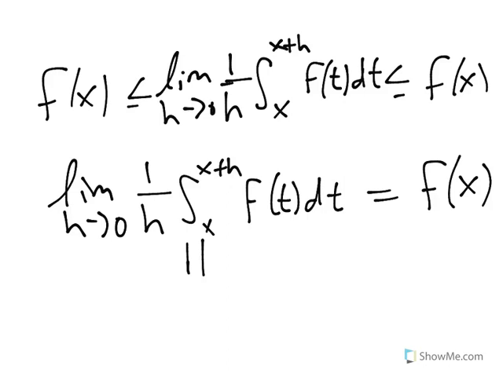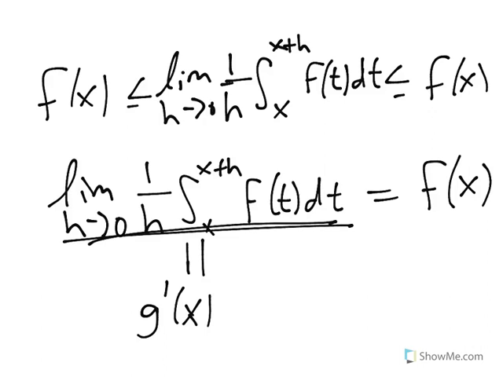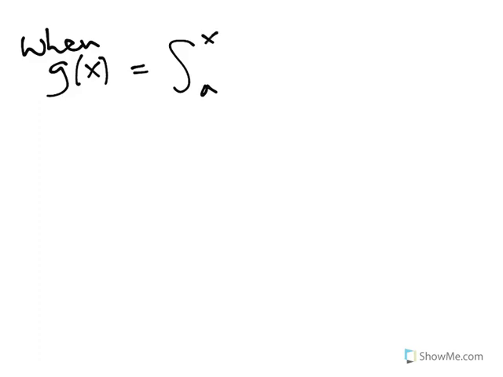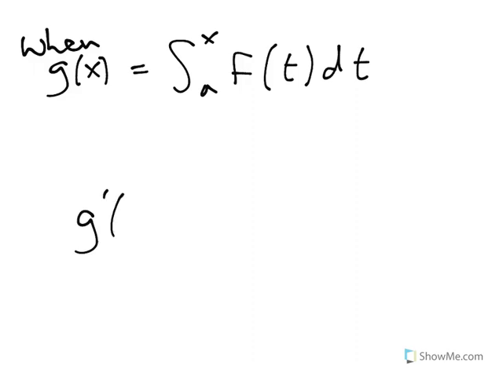So what that means is now g prime of x is equal to this big long thing in the middle, and this big long thing in the middle is also equal to f of x. Great. That means that when g of x is defined like we had at the beginning, g of x was the integral from a up to x of f of t dt, what we actually end up getting is that g prime of x is equal to f of x, which is awesome.